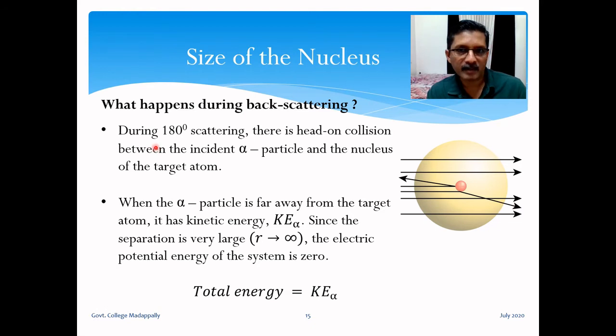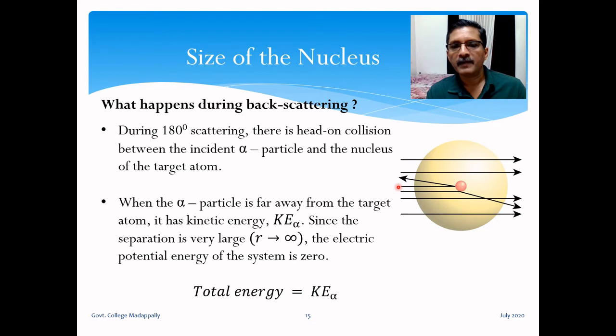During backscattering or 180-degree scattering, there must be a head-on collision between the incident alpha particle and the nucleus of the target atom. In the figure you can see that when the alpha particles are moving slightly away from the nucleus, they may pass without any scattering. Those coming near may undergo large angle scattering. If there is a head-on collision, there is almost a backscattering.